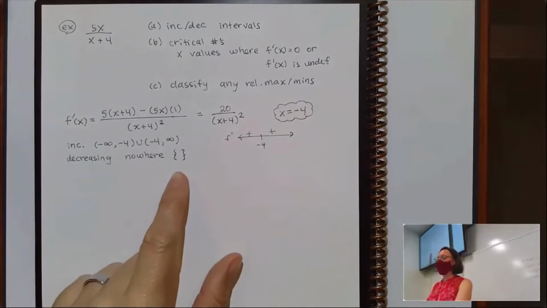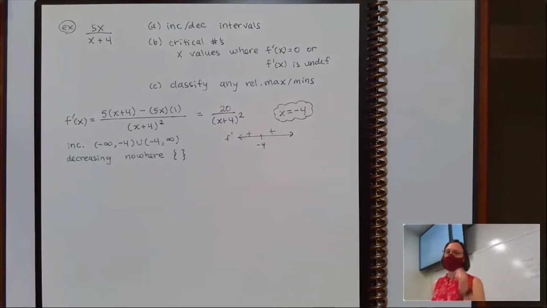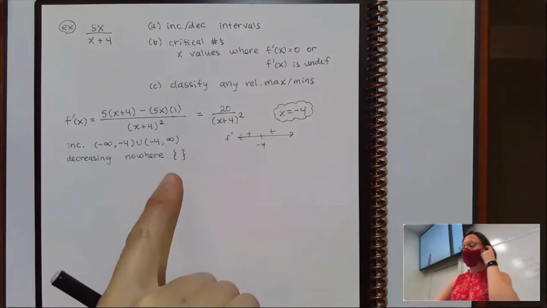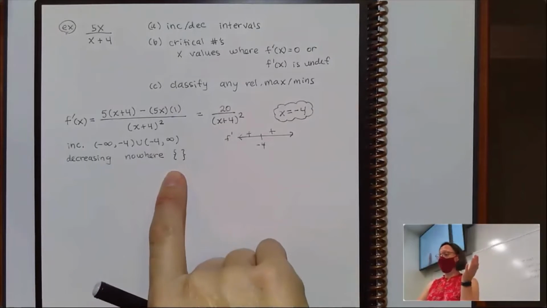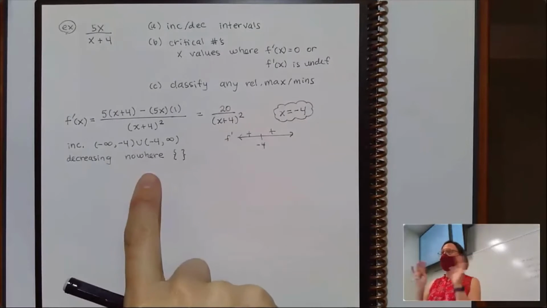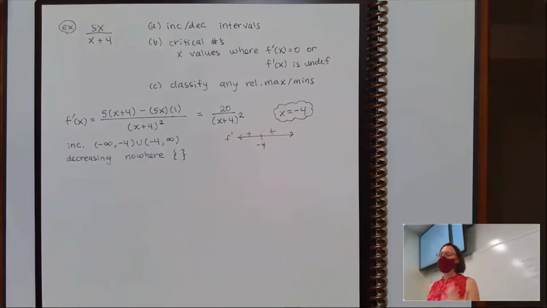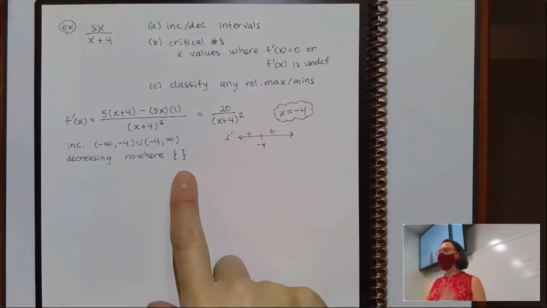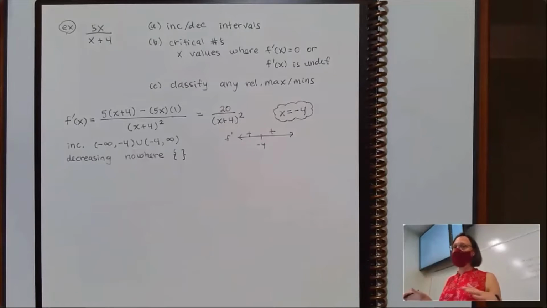Technically, we refer to this as the empty set, meaning there are no values where it's decreasing. That's really a notation thing. I would never write that on a test. On a test, I'd write it's decreasing nowhere. I would just write it out in words. But as a WebWork thing, if you need something to try, squiggly brackets with nothing inside.